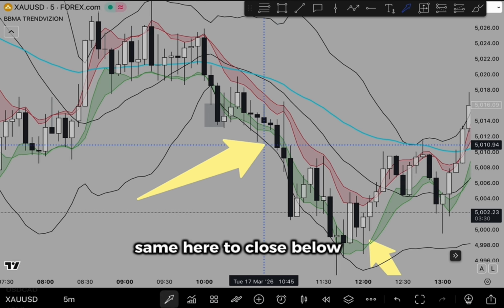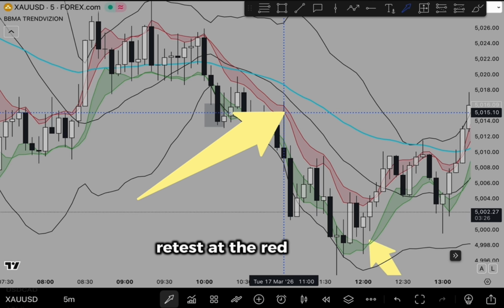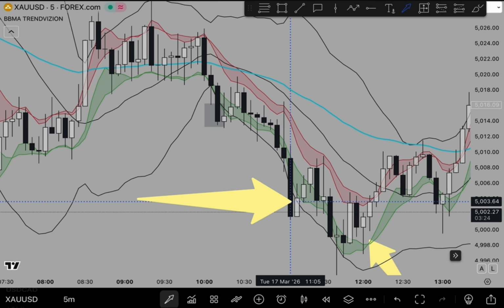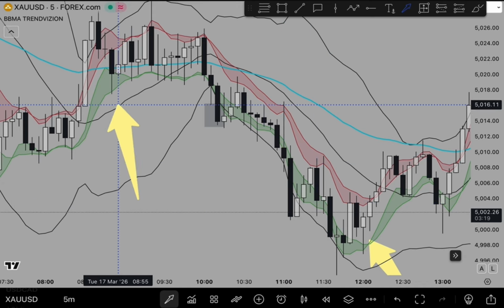Same here, it closed below the green moving average, retested at the red one, moved downwards, closed below, retested at the red one, and went downwards.